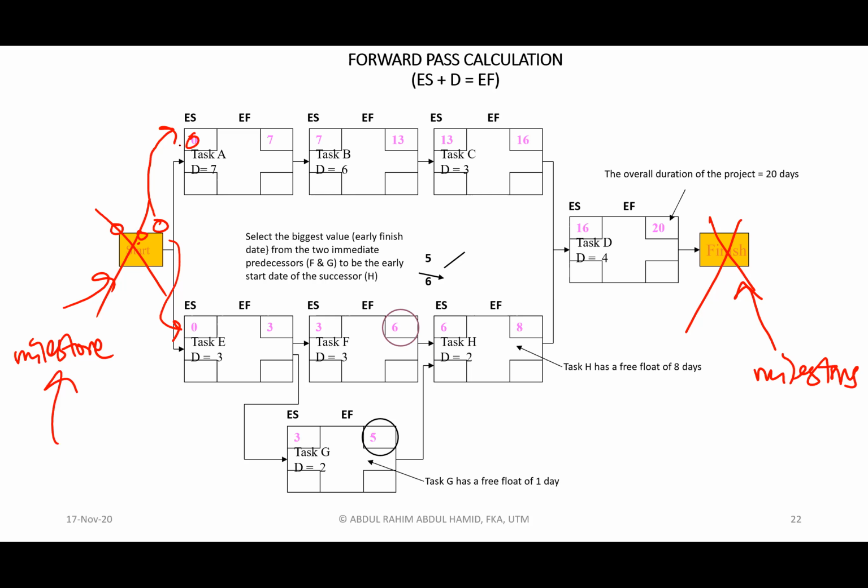So how to do the calculation? Again, very fast. 0 plus 7 equivalent to 7, because we use this formula. Everything you add up. Then on B, remember the relationship is finish to start. So this number will be transferred to this box. 7 plus 6 equivalent to 13.